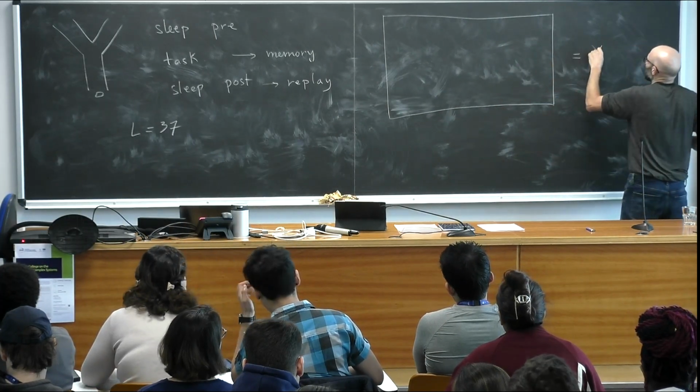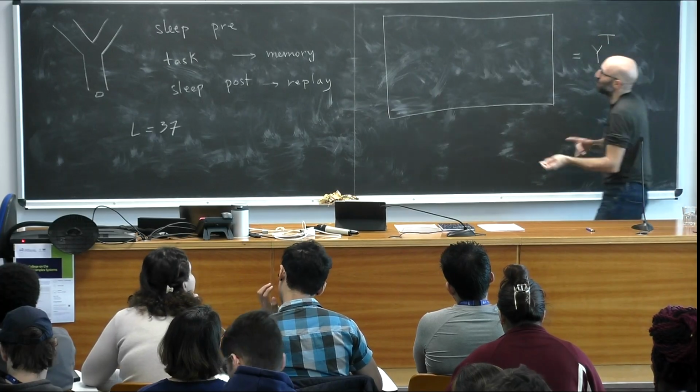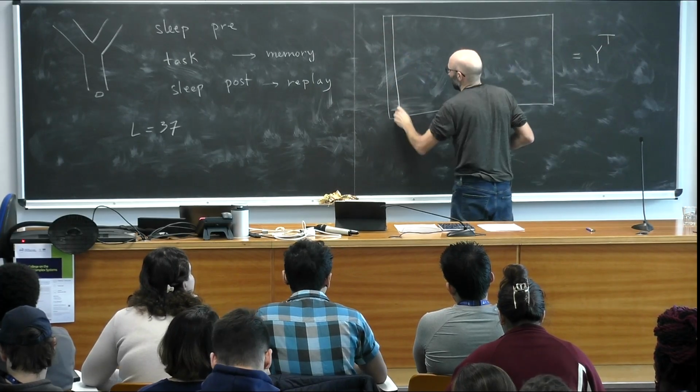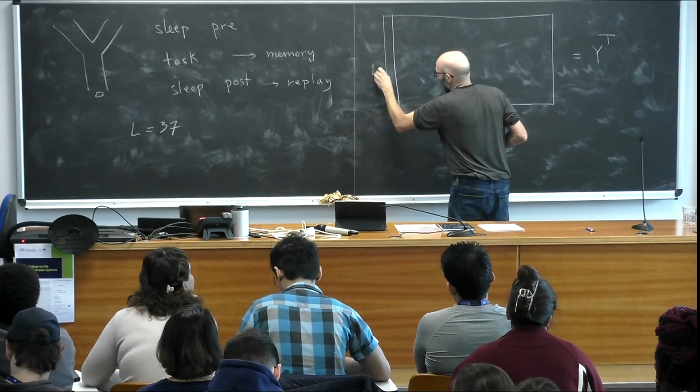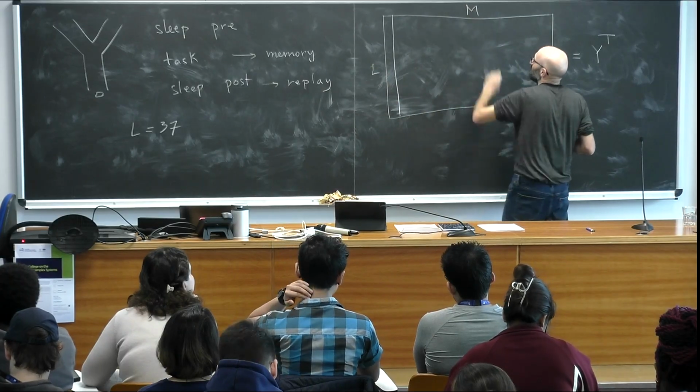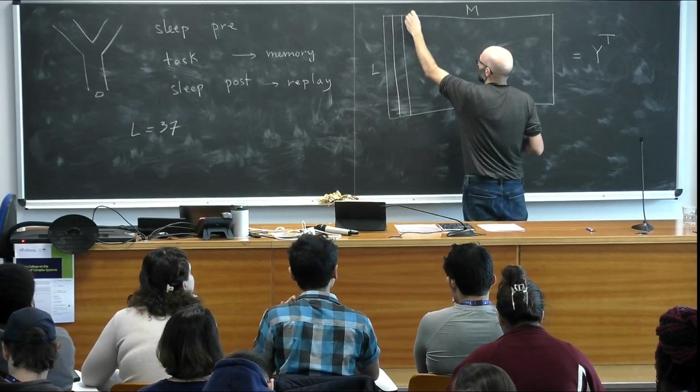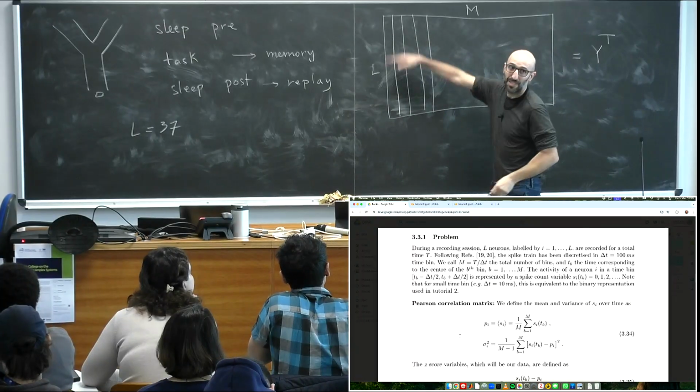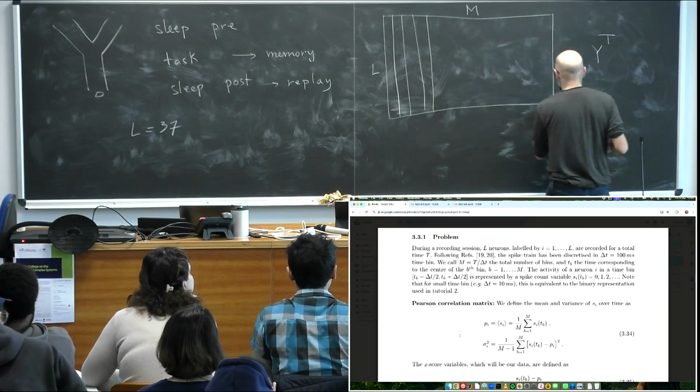So this will be our Y transpose, because in this case it's better to consider each column as a vector, so this will be L times M. This will be the raster plot. You have 37 neurons, and this is time.